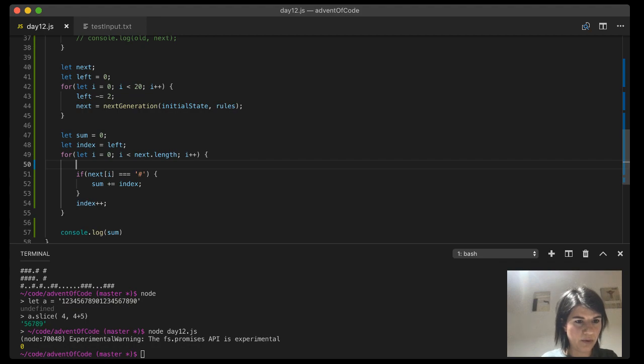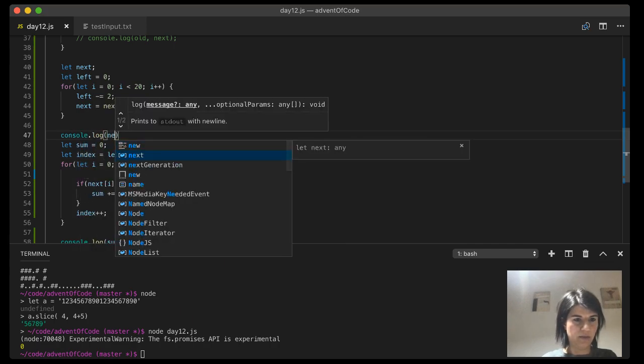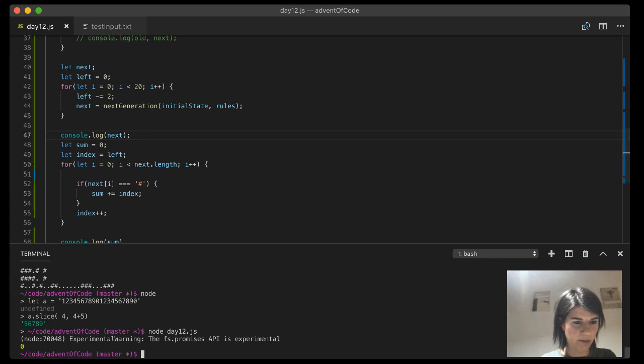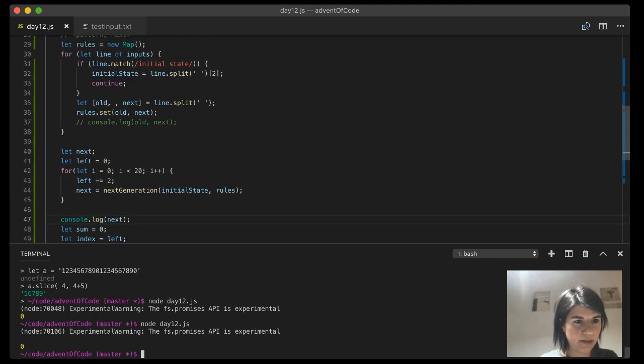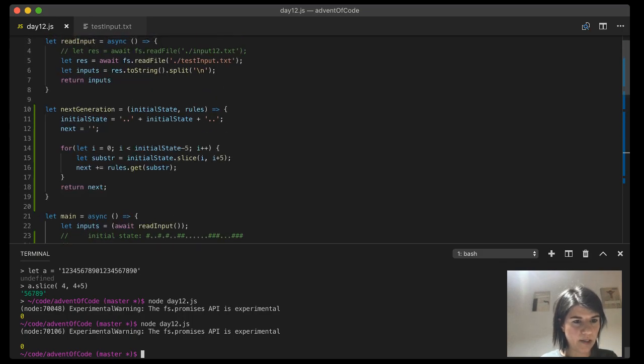So next generation, console.log. What does this look like after 20? All right, it didn't look like much at all. So next is the empty string. Substring is this.